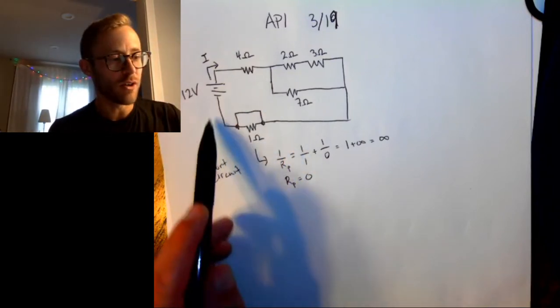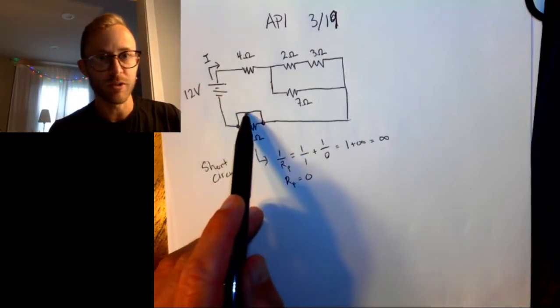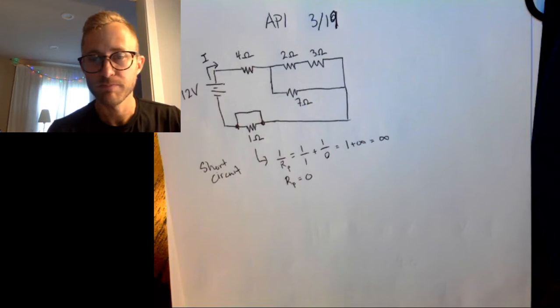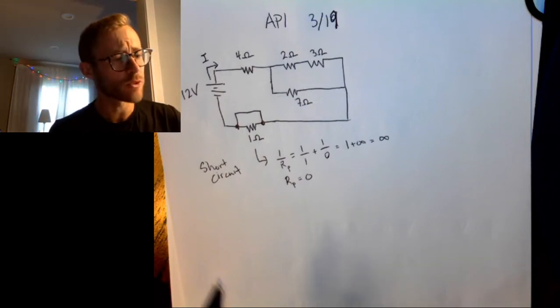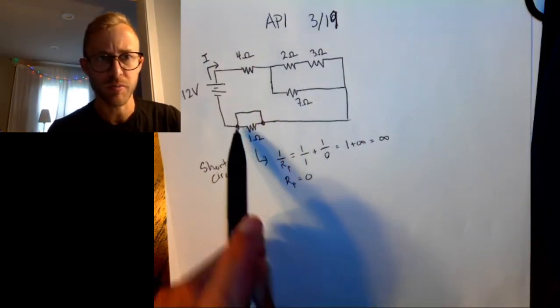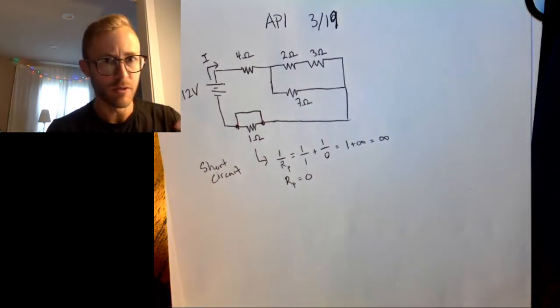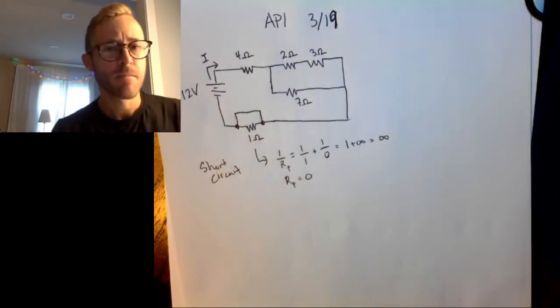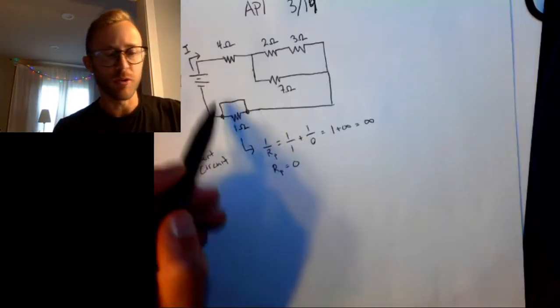So all the current is going to go through the branch with no resistance. A wire that shortcuts something nullifies that part of the circuit, so we can just ignore the 1 ohm resistor.